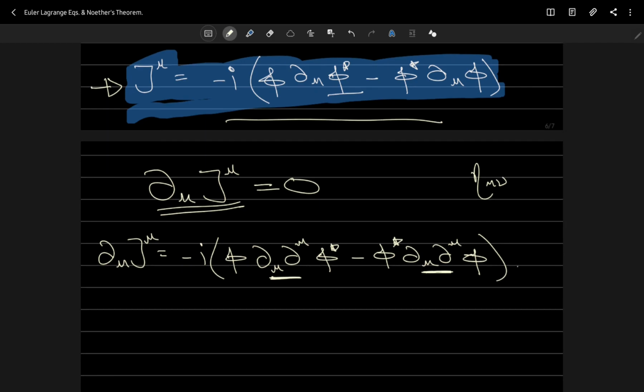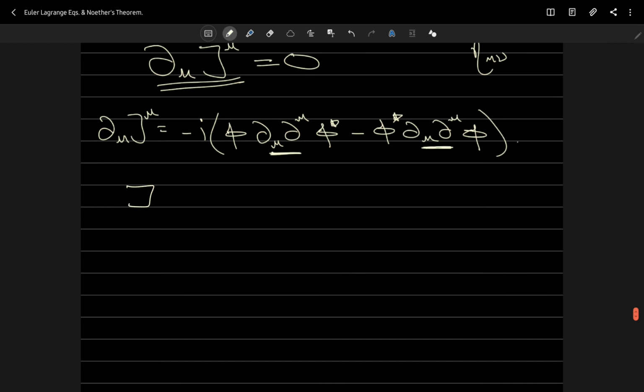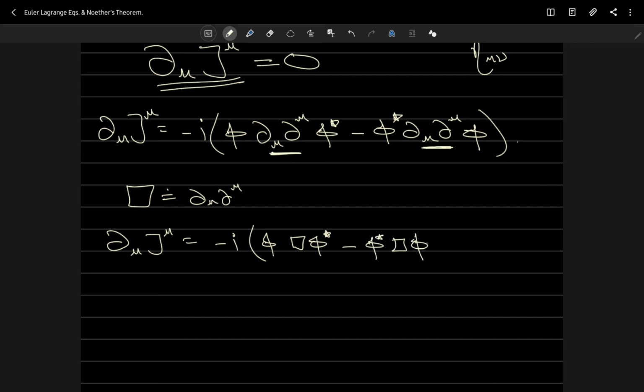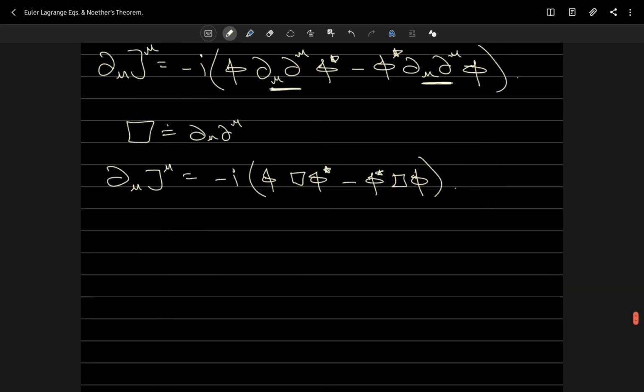Okay, so if you look at this, and if you remember the box operator, which was defined as partial mu partial mu, then I can write this equation simply as negative iota phi box phi star minus phi star box phi, and this is what I have right now. But if you remember the equation of motion that I derived above for the complex scalar field, we know that box phi is equal to negative m squared phi.